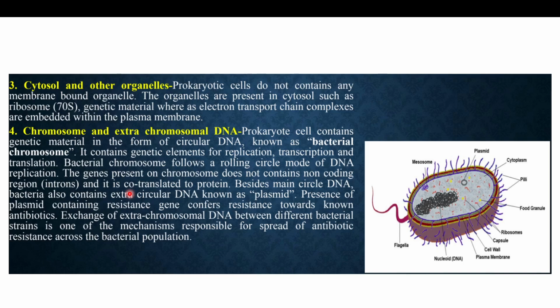gene in prokaryotes, and it gets co-translated to proteins, because there is no compartmentalization between the nucleus and the cytoplasm in prokaryotes. Unlike in eukaryotes, where RNA is synthesized inside the nucleus, mRNA is transported out of the nucleus, and then protein synthesis takes place in the cytosol by ribosomes. However, in prokaryotes, that is not the case.